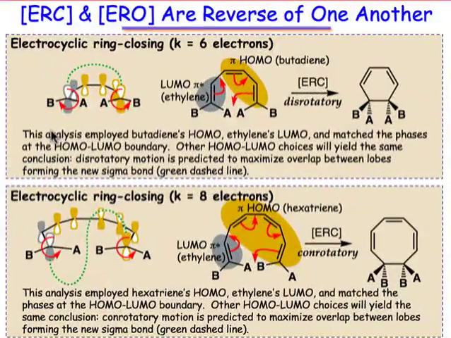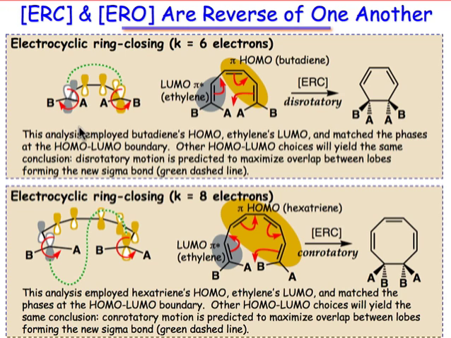This analysis extends to larger pi systems, such as the 6-pi electron hexatriene case or the 8-pi electron octatetraene case. In both of these, we arbitrarily break up the pi system into HOMO-LUMO domains.